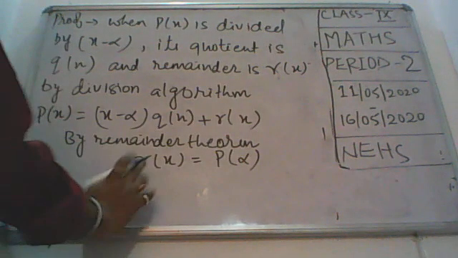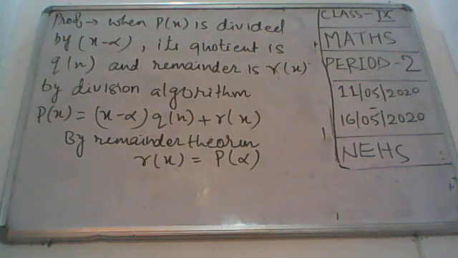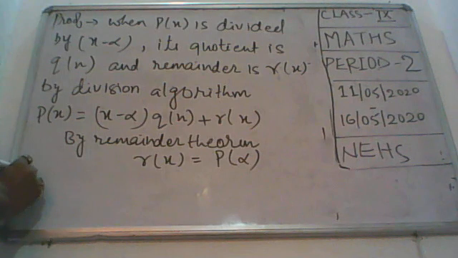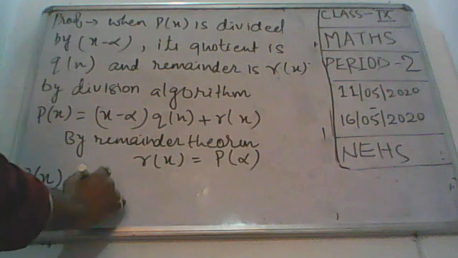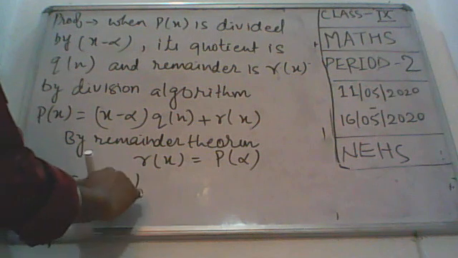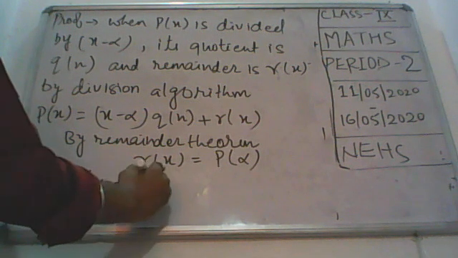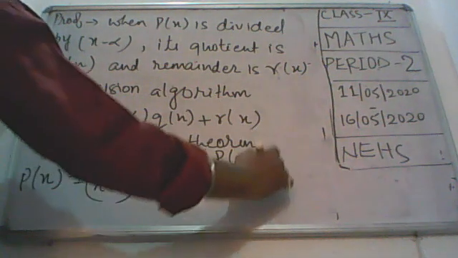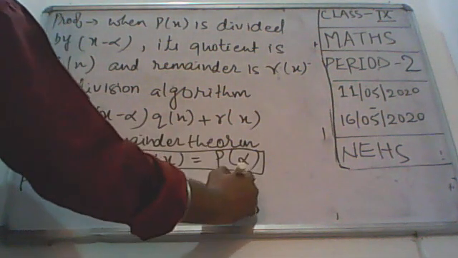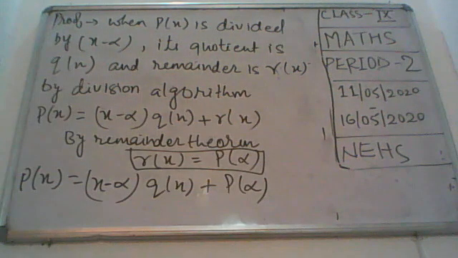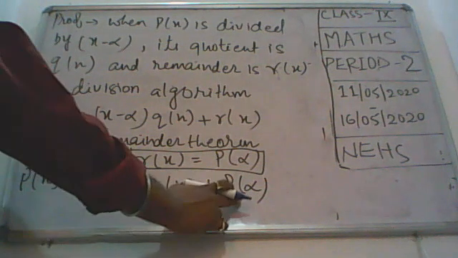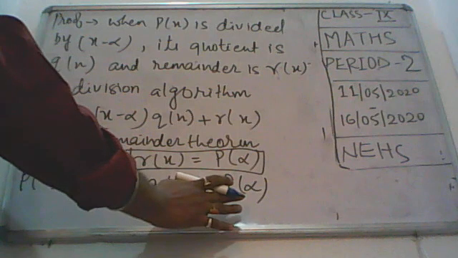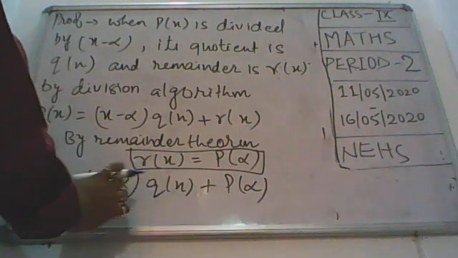So in that case r(x) is equal to p(alpha), and this equation will change. p(x) is equal to (x minus alpha) into q(x) plus, in place of r(x), p(alpha) will come. Now if p(alpha) becomes 0, that means these are all factors here.